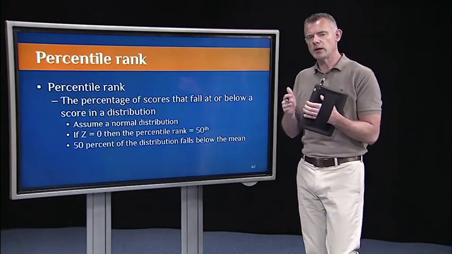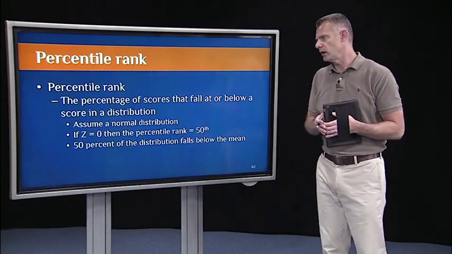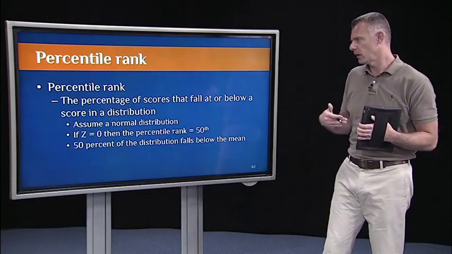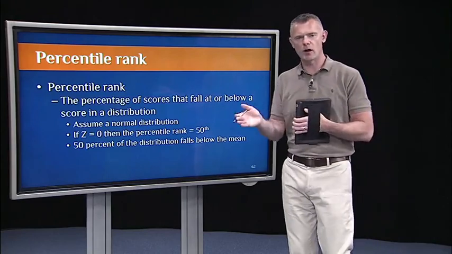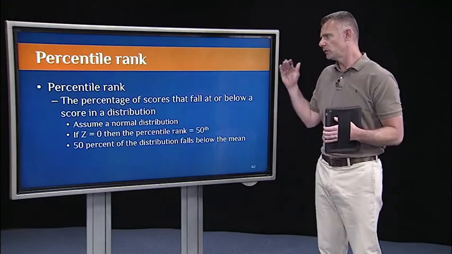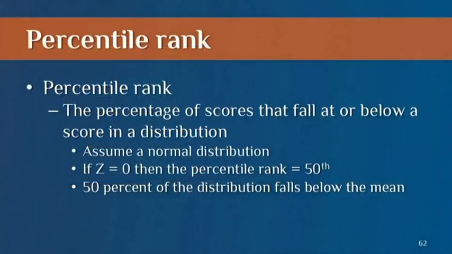The other thing we can do once we convert everything to z-scores and look at histograms in a z distribution is we can easily get percentile rank, which is a useful statistic when we're looking at descriptive statistics and where individuals fall relative to others within a distribution. The percentile rank is just the percentage of scores that fall at or below that score in a distribution. If we're dealing with a perfectly normal distribution and we've converted everything to z-scores, then I know that the percentile rank for a z of 0 is 50%.